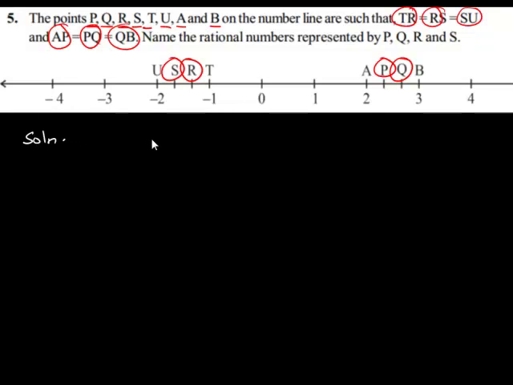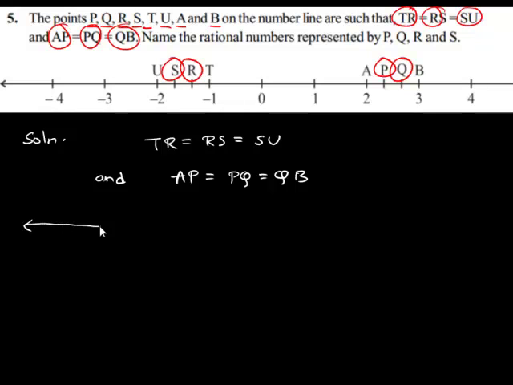It is given that TR is equal to RS is equal to SU and AP is equal to PQ is equal to QB. Let us draw the number line given in the problem. Here we have 0 and on the right side we have 1, 2, 3.